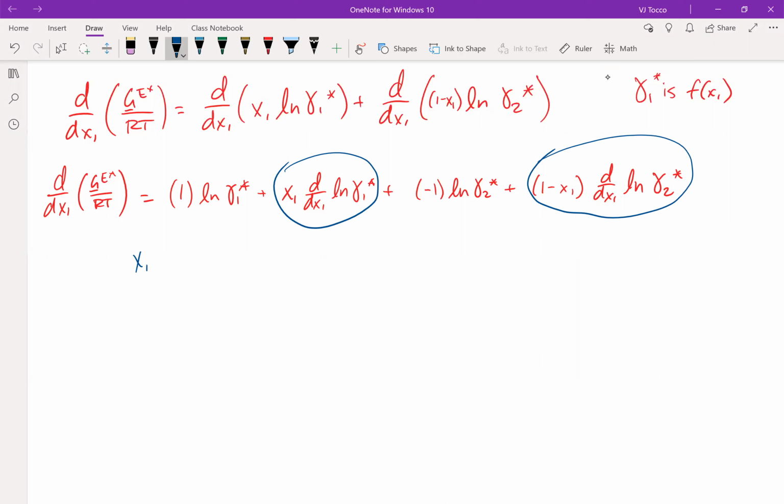So x1 d/dx1 ln gamma 1 star plus x2 d/dx1 ln gamma 2 star must equal 0 if Gibbs-Duhem is obeyed.